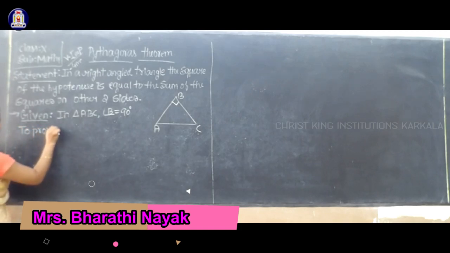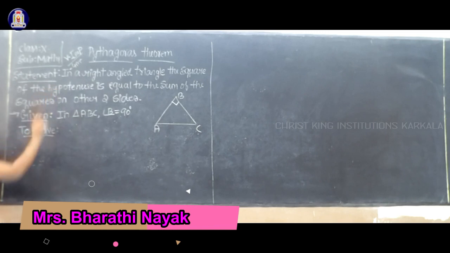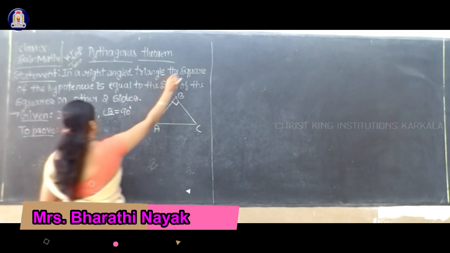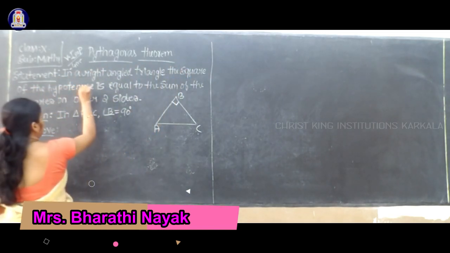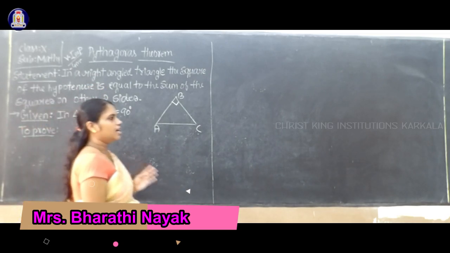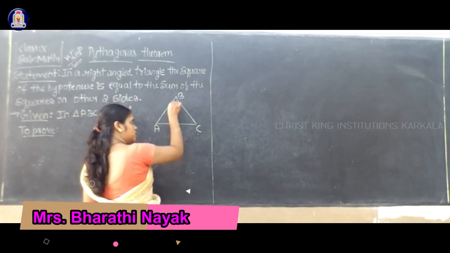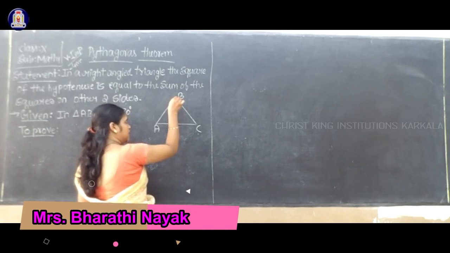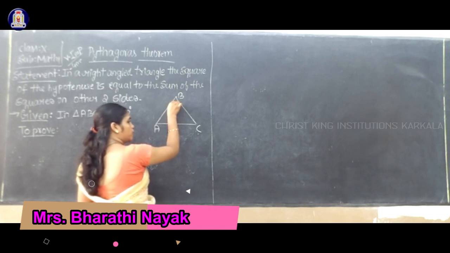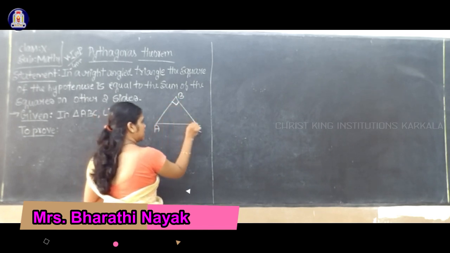What are we going to prove? According to this statement, the square of the hypotenuse. Which side is known as the hypotenuse here? The side opposite to 90 degree. Here 90 degree is at point B. Which side is opposite to this 90 degree? That is side AC.